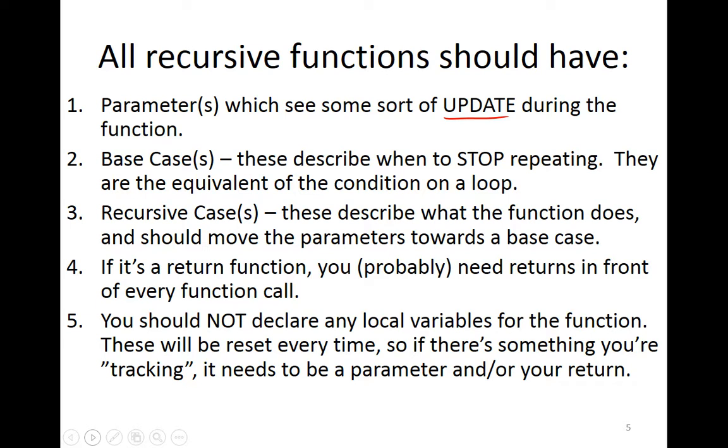Well, that's true, but in this case, at least some of the parameters are storing or holding on to essentially your progress through the list or whatever structure we're looking at. All right? So parameters are going to be our very best friends for sure.